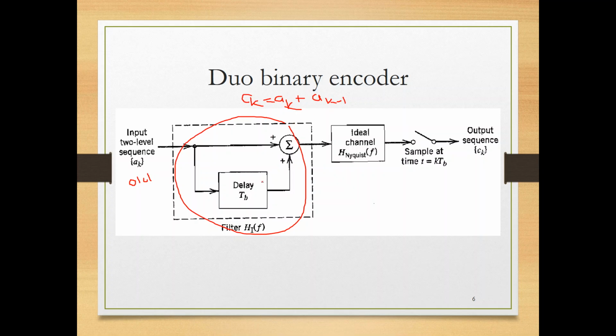This is basically the delay used to produce AK-1, and AK is the current value, which goes direct without any delay. You sum them, and then you pass them to an ideal channel Nyquist filter, and then you sample at time t equals K TB, and you get your output sequence CK, which is the dual binary signaling, correlative level coding.